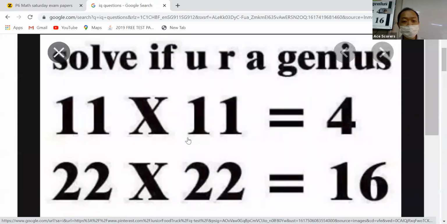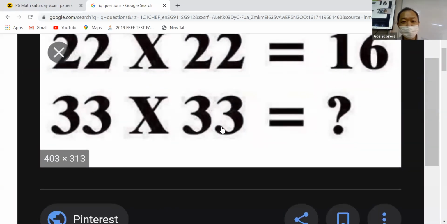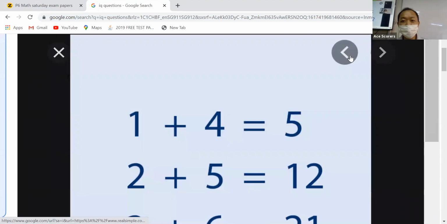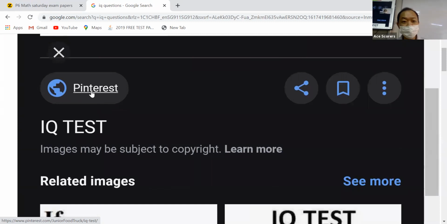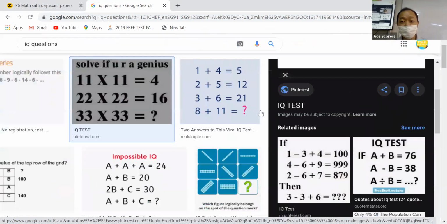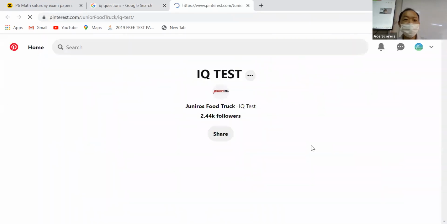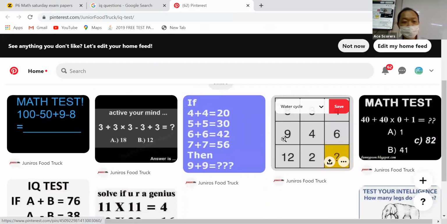Yeah, we check. What's the answer? They better give me an answer. There's no answer. I go on Pinterest and type IQ test. Open this one.